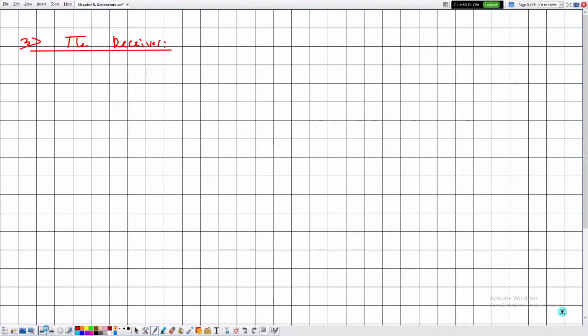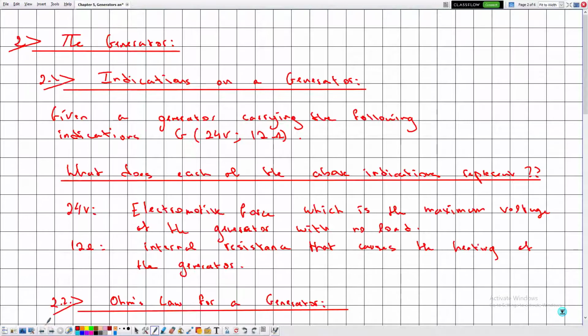So the previous section here, 2.1, was given by indications on a generator. Here, let me say indications on a receiver.